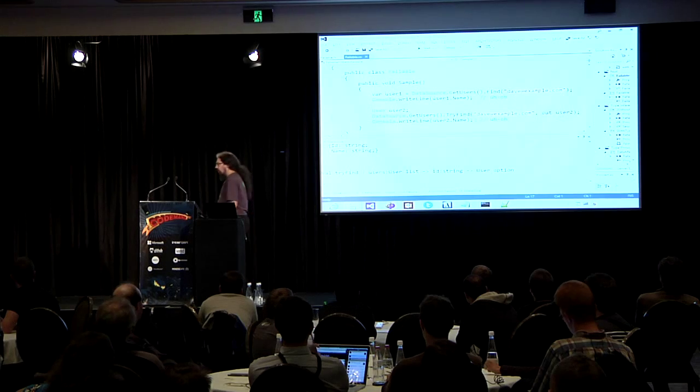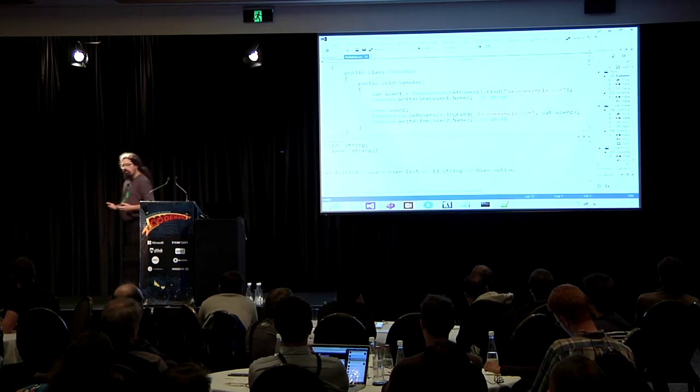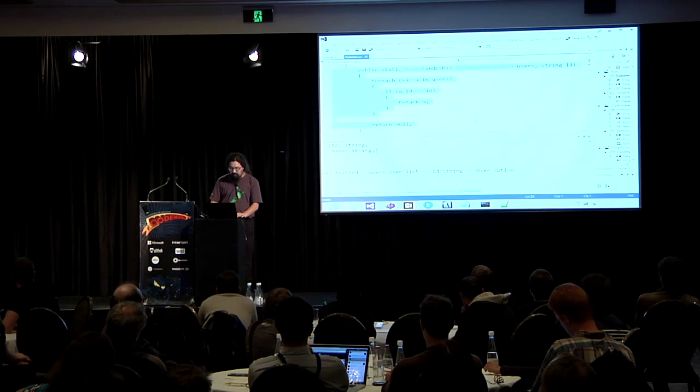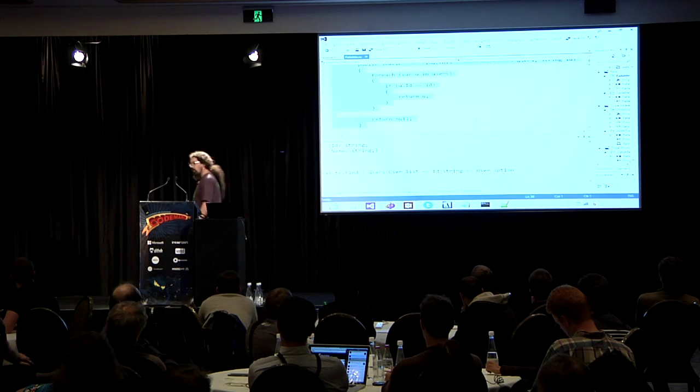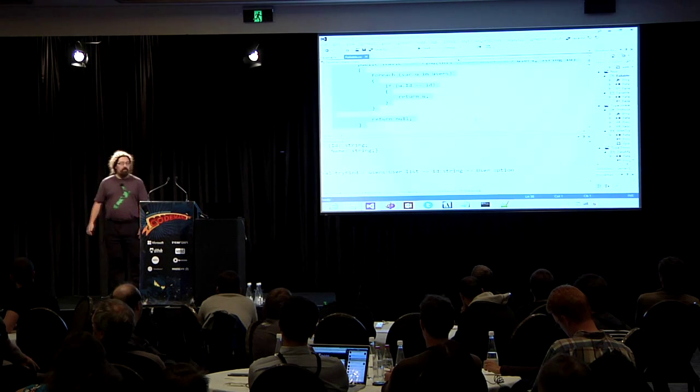So let's take a very simple use case where I've got some sort of data source, some sort of collection of users, and I want to look up a user by ID. So I'm going to write a find function in C#, and I'm going to use the standard idiom of if I don't find a matching user, I'm going to return null.